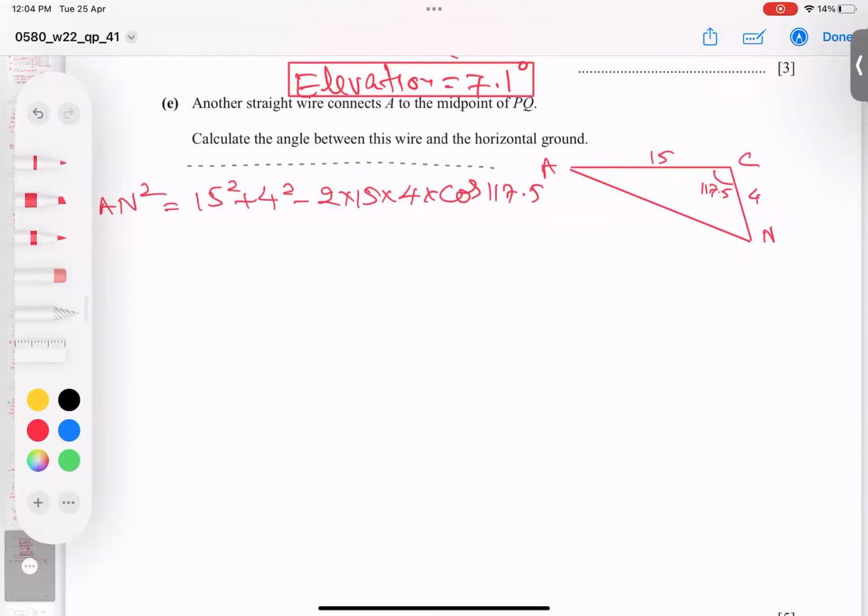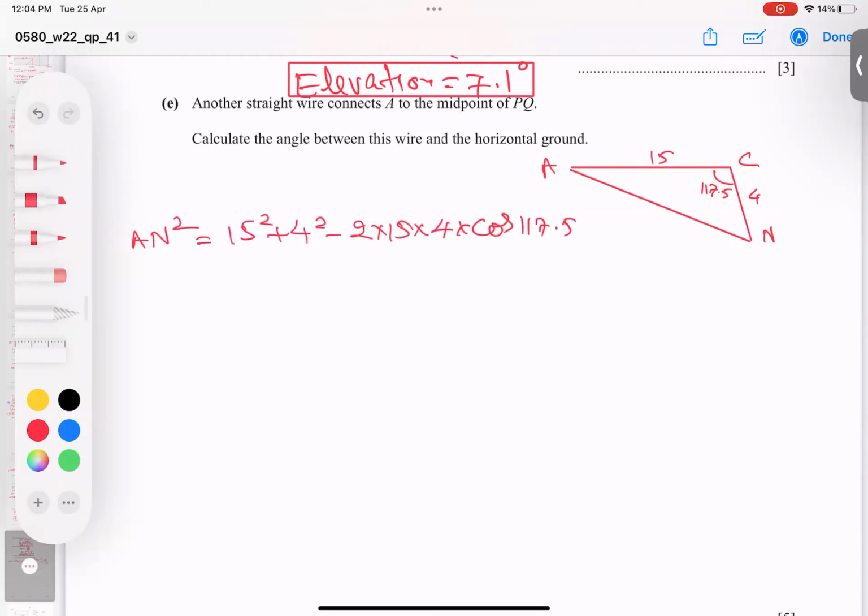If you don't know what I am doing, I'll write it again. AN squared equals, in front of small a, and it is called small n, minus 2 into a into n cos of capital C. This is capital C. I think now you understand. So AN squared is this, and I am typing the whole thing as it is: 15 squared plus 4 squared.